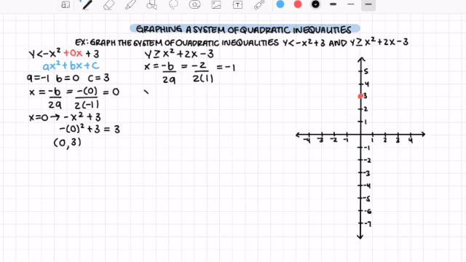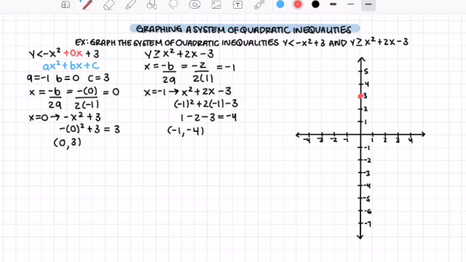And then I'm going to plug in x equaling negative 1 into the equation x squared plus 2x minus 3. So I get negative 1 to the power of 2 plus 2 times negative 1 minus 3. That turns into 1 minus 2 minus 3, which is negative 4. So the vertex that I get here is negative 1, comma, negative 4. Cool.